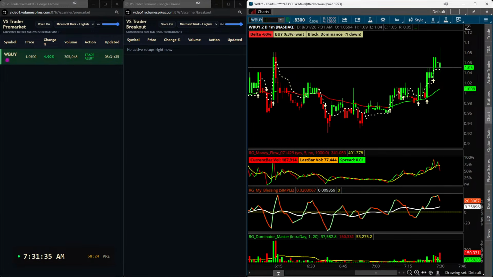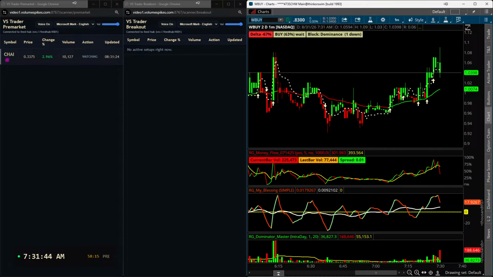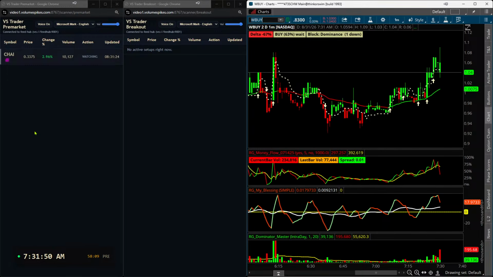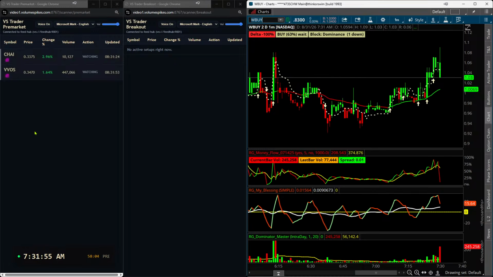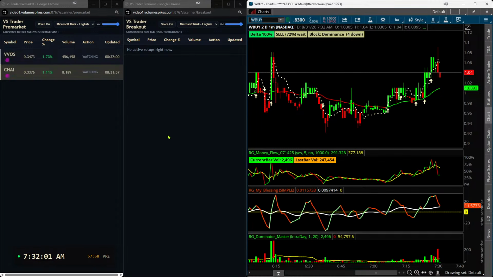Nothing moving this morning except for these cheaper stocks. But we did have 4 or 5 profitable stocks move this morning. That's not bad. I'll take it.